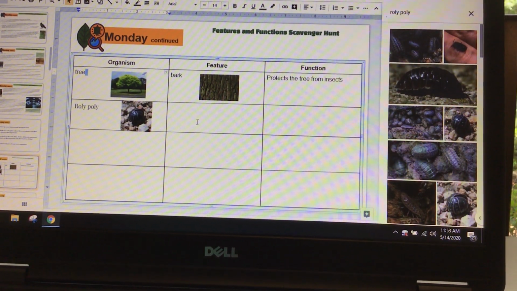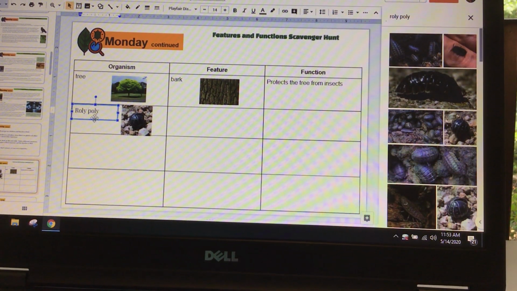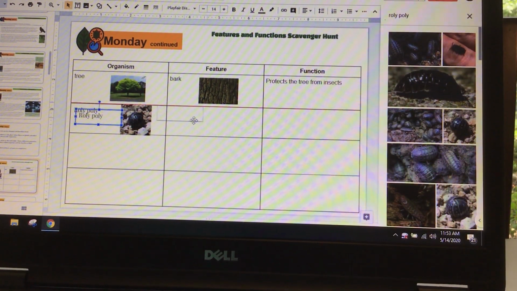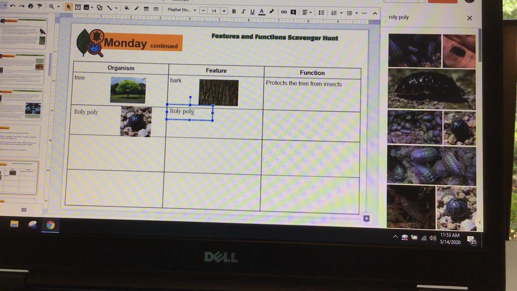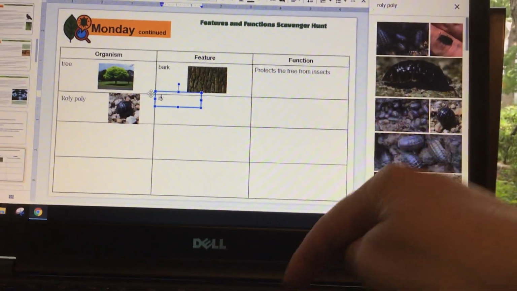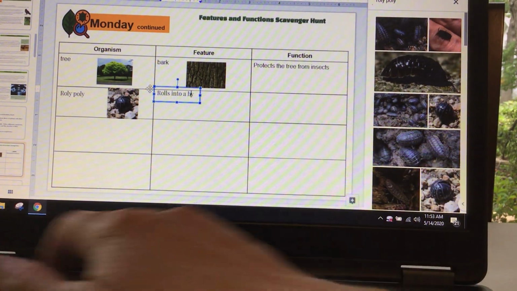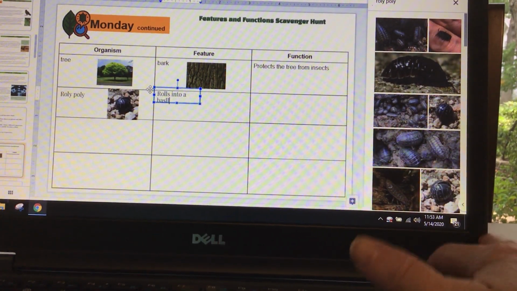and then the feature, you would type in what the feature is, what it is that it does, okay? Just duplicate that and put it over here. And my feature is that it rolls into a ball. You know what?